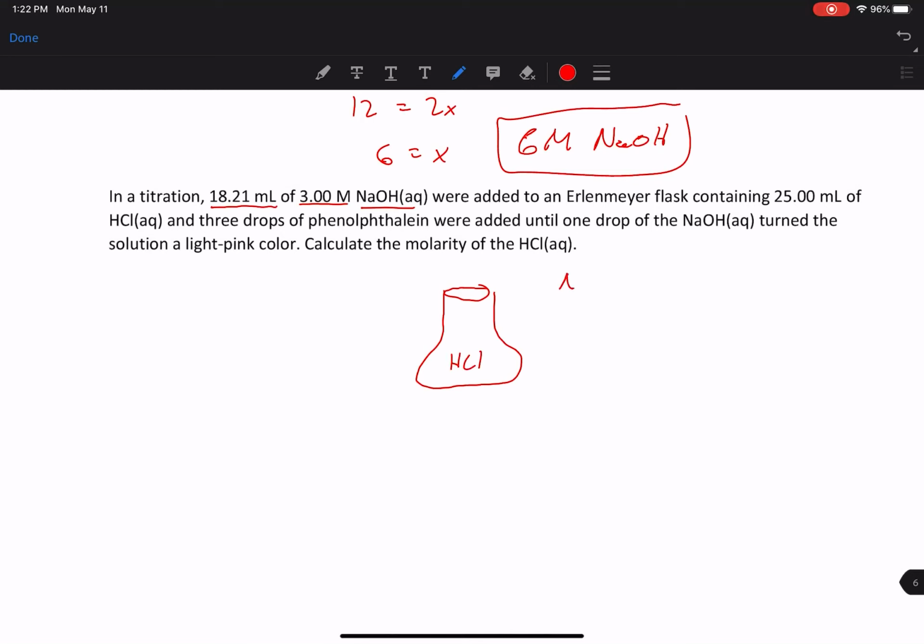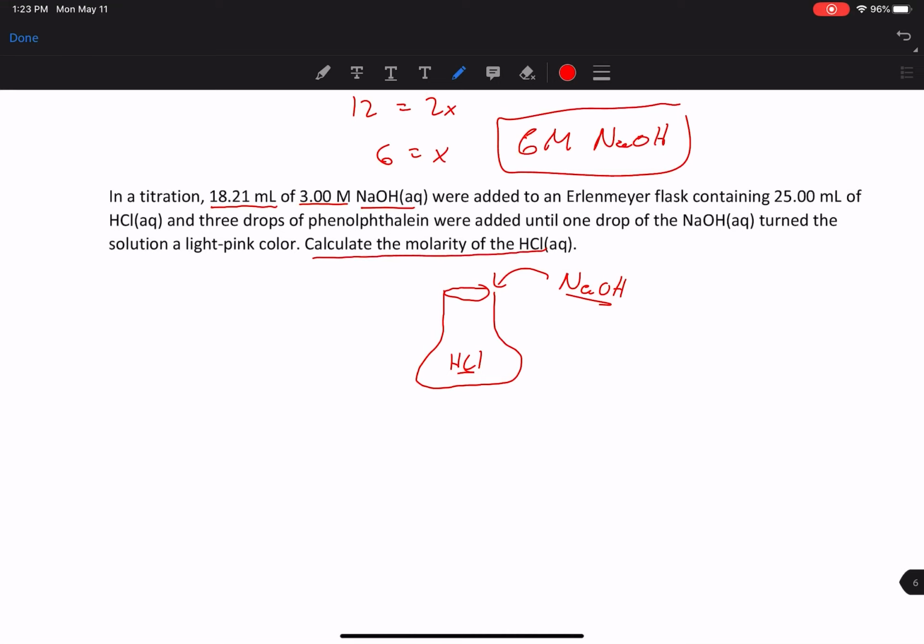So we have HCl, and we're adding NaOH. 3 drops of phenolphthalein. So that's typically what you use when you're trying to figure out if something's become neutralized. They're added until 1 drop of NaOH turns the solution a light pink color. So essentially you're just adding sodium hydroxide into this beaker until it just barely turns pink. That means it's going to be neutralized. And all we're really doing here is calculating the molarity of the HCl.